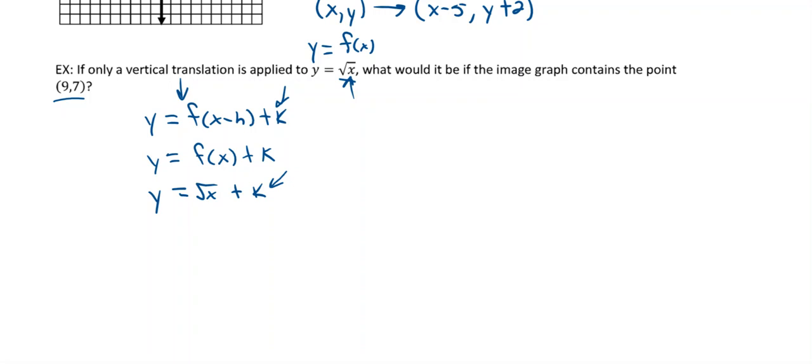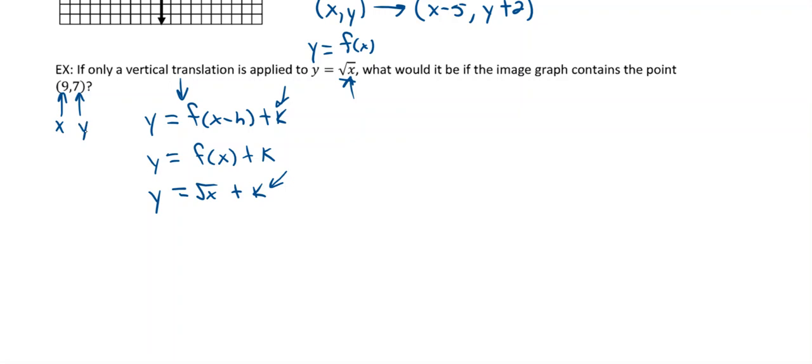I'm going to do kind of the same thing you're thinking of, I think, but it's going to be easier than we think. I could solve for k if I just had some value of y and some value of x, right? If I actually knew what those numbers were, then I could just do a little algebra and solve for it. Well, luckily, they gave us a value of x and a value of y.